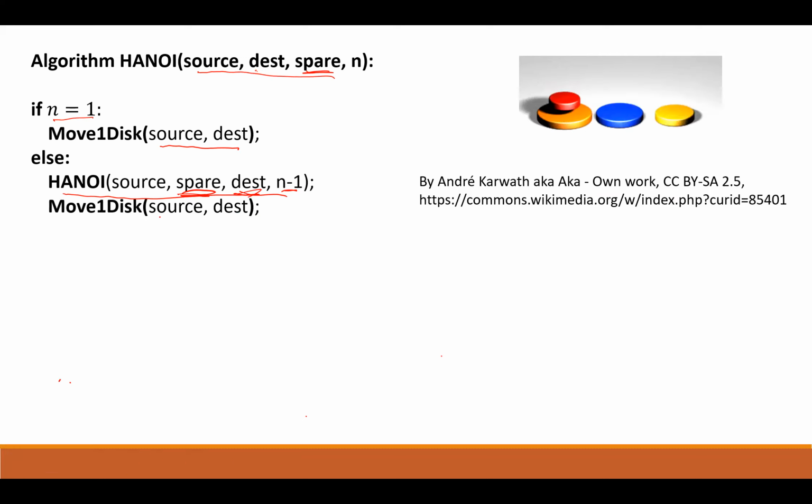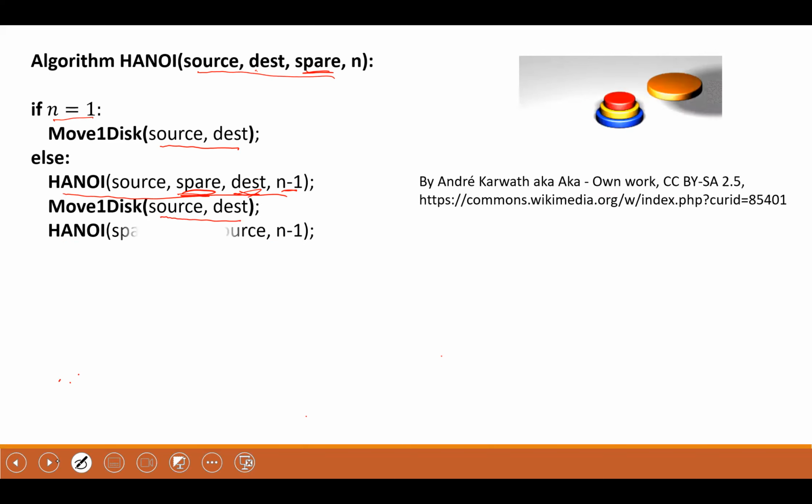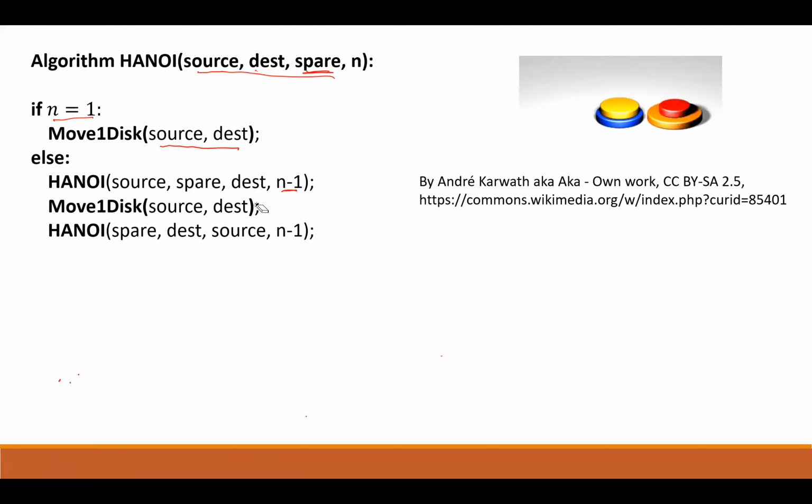Once I've done that, I'm going to move one disk from the source to the destination. And then I'm going to, again, move my disks from my spare, where I moved them initially, to my destination using my source as a spare. So that's the entire thing to solve this sort of complicated looking puzzle.